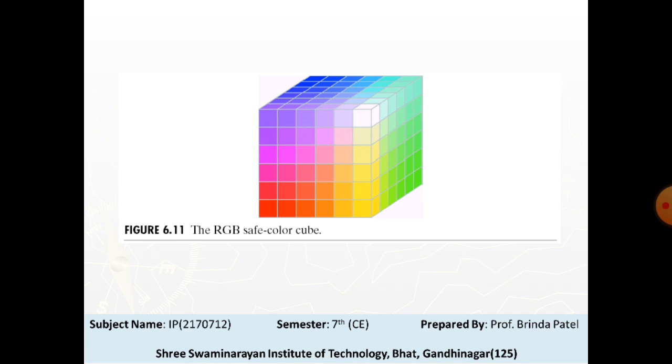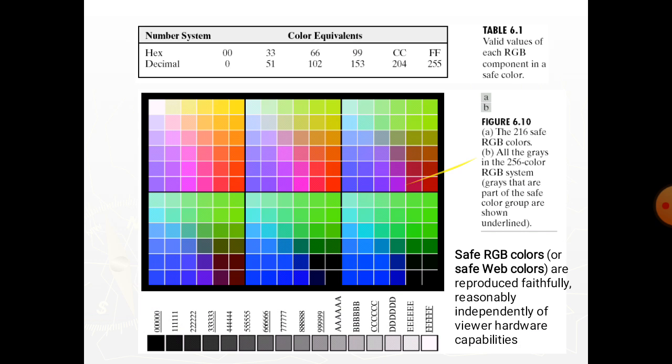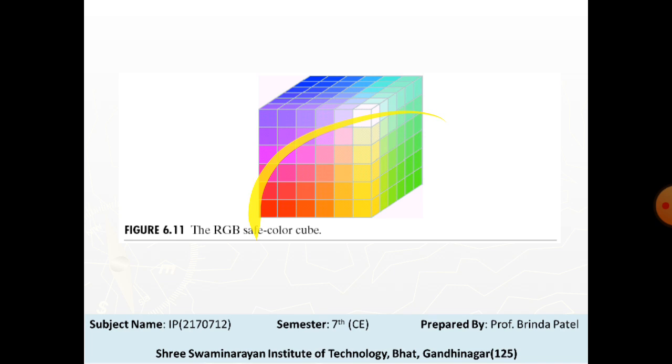This figure shows the RGB safe color cube. Unlike the full color cube shown in the earlier figure, which is solid, the cube in this figure has valid colors only on the surface planes.